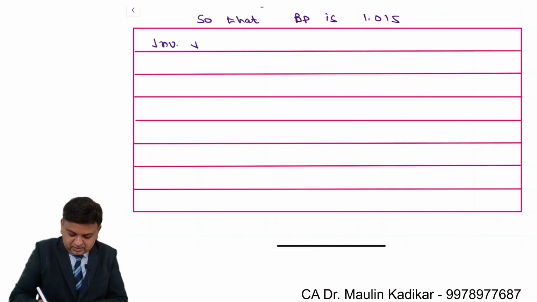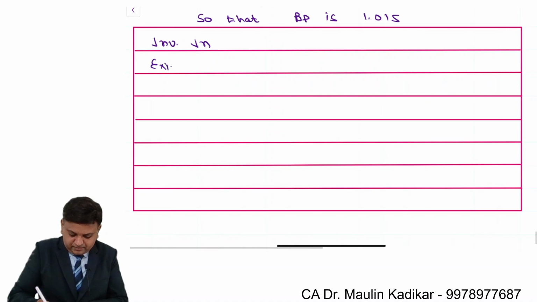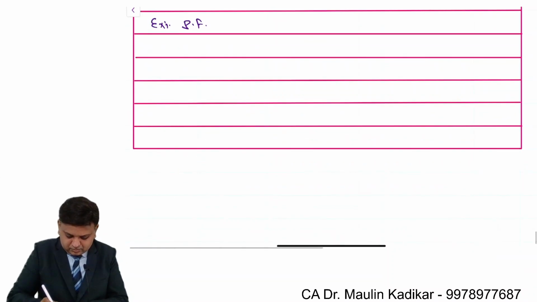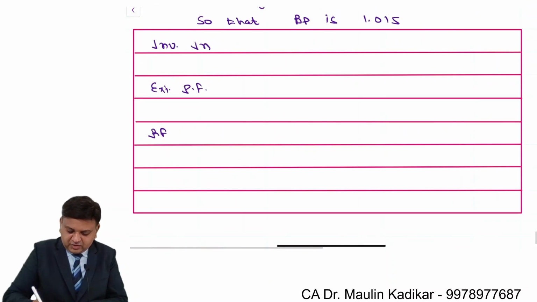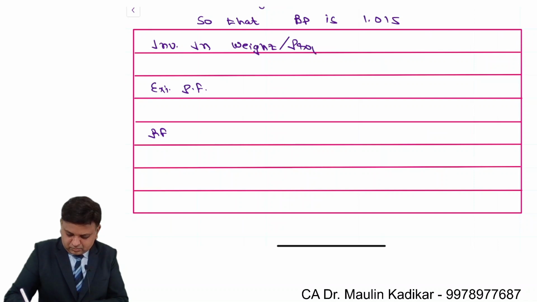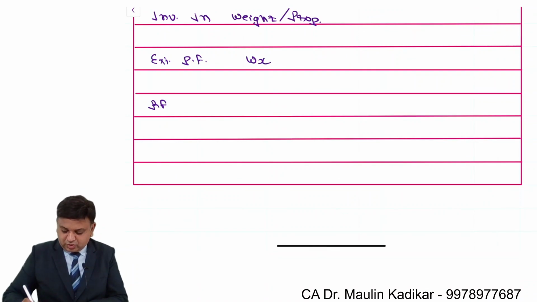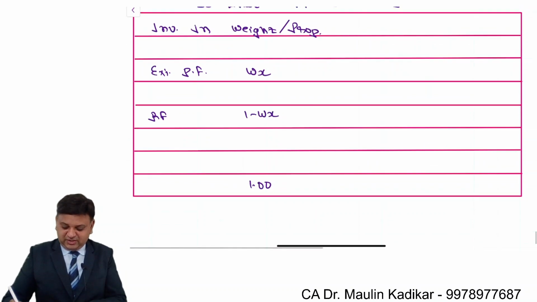So investment in existing portfolio and investment in risk-free security, and their weight or proportion. Let us assume that the weight of existing portfolio is Wx. The total of the weight is of course 1. So 1 minus Wx is the weight of risk-free security.